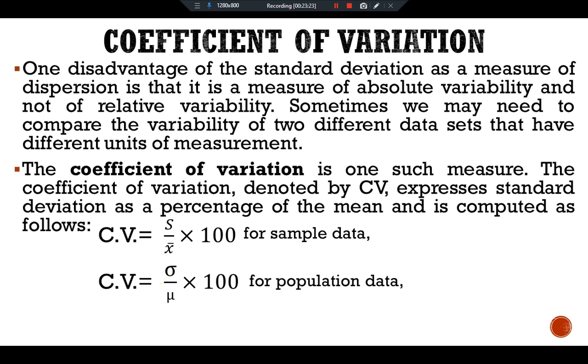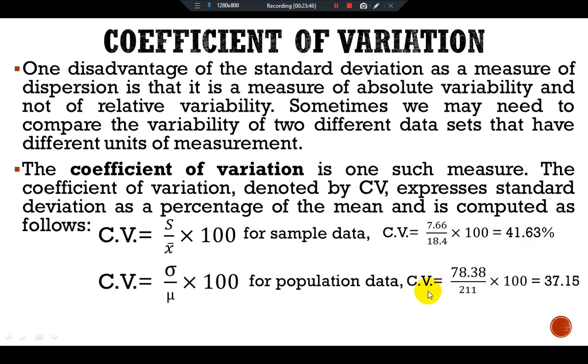Dear scholars, when we are comparing two data series, we can use the coefficient of variation. Let's see, here the coefficient of variation of one data set is equal to 41.63%, and for the other data set it is 37.15%.